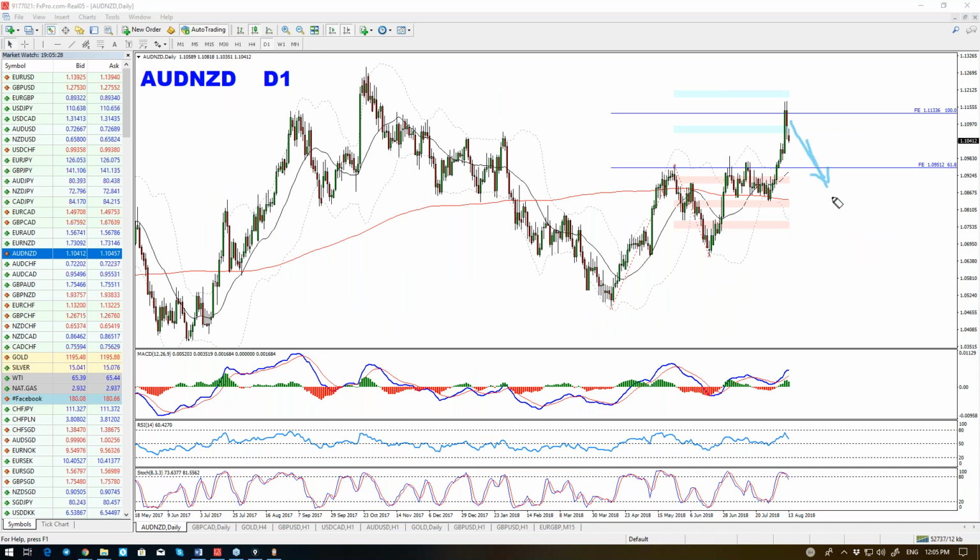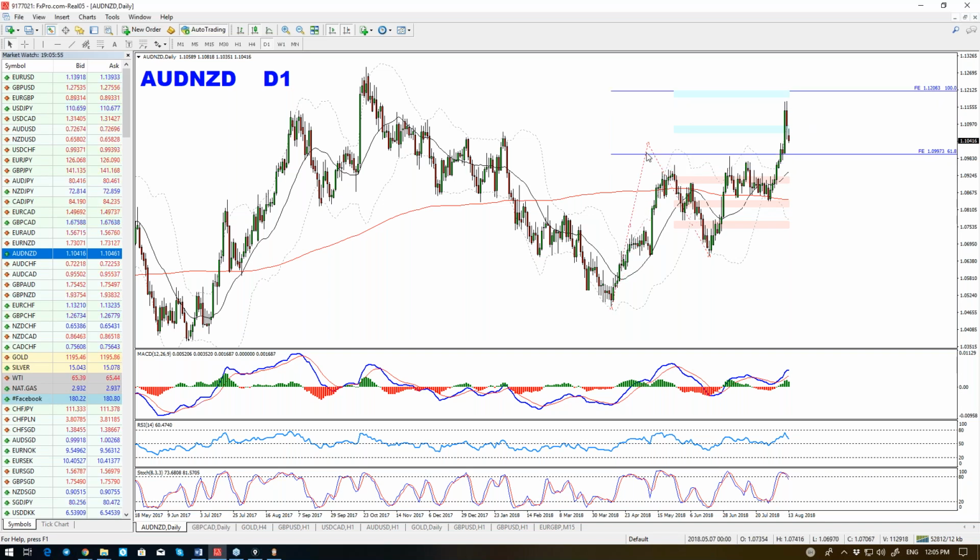For the long term, our plan will still remain buys here or here. Back to this area. Okay, so Aussie Kiwi was amazing for us in the last couple of weeks with all the buy plan. Finally paid beautifully. Now it's time to expect the corrections to happen and provide us the next opportunity.